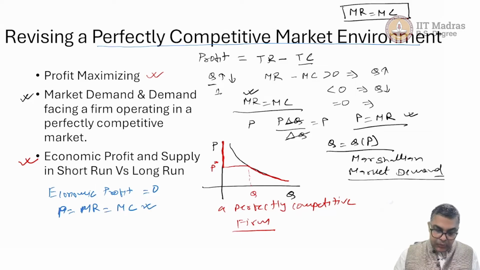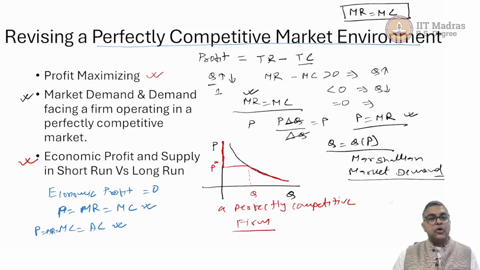In the long run, because there is no profit opportunity, MC becomes equal to AC. So in the long run we have P is equal to MR is equal to MC is equal to AC. And on the consumer side, what do we get?